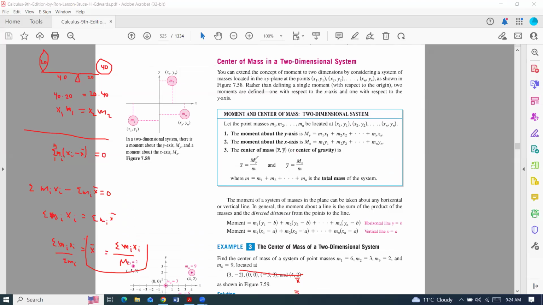Please notice that one needs to be careful that m index y is for finding the x coordinate and m index x is for finding the y coordinate of the center.